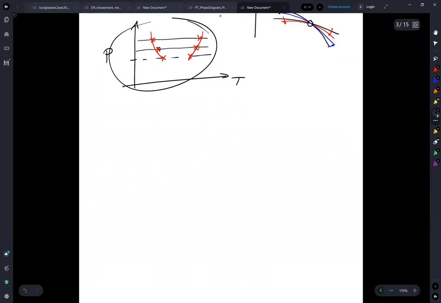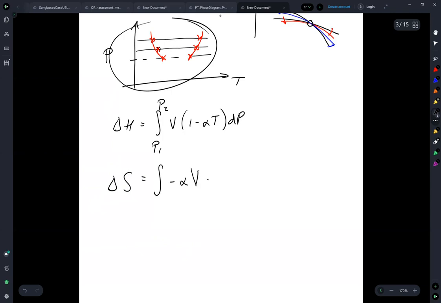And we know that they should be delta H changing from pressure 1 to pressure 2 is V1 minus alpha T dP, and delta S is equal to the integral of minus alpha V dP from pressure 1 to pressure 2.